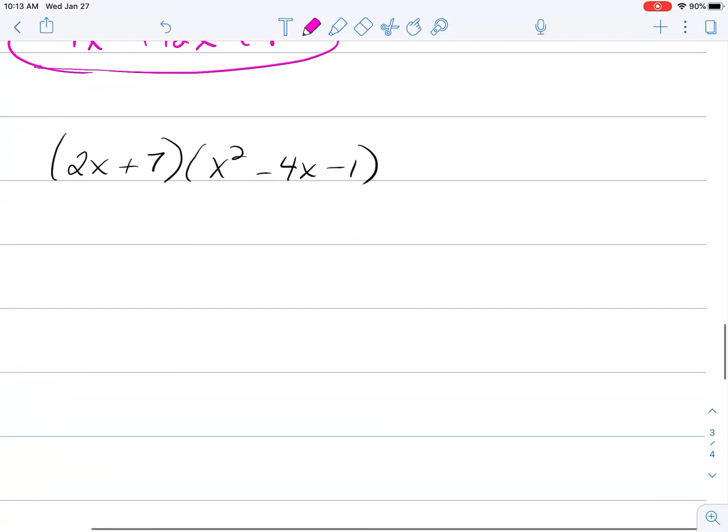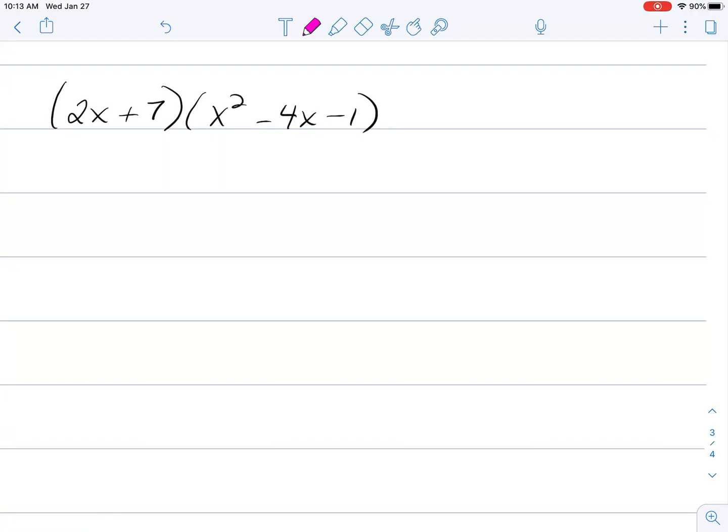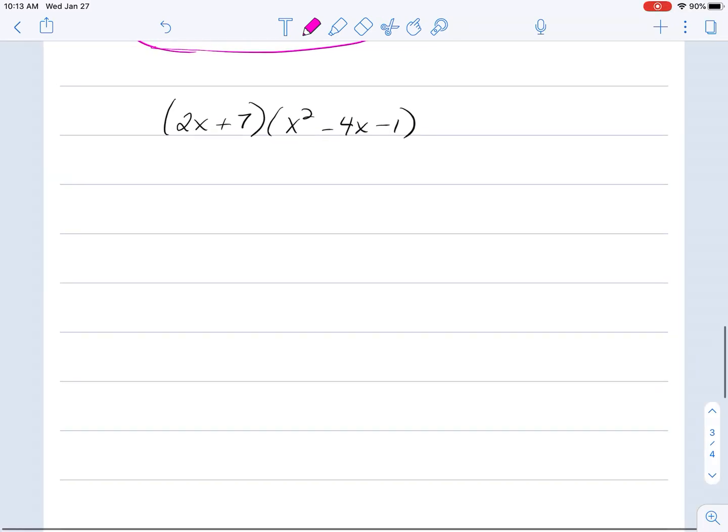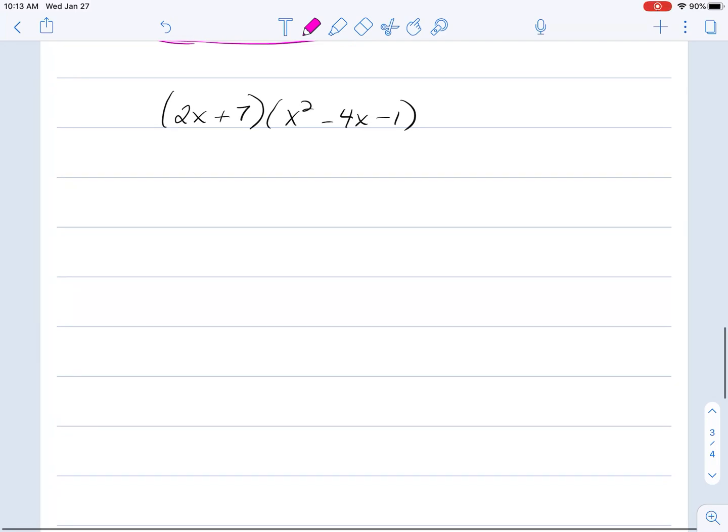Okay, the last part of this would be what if it's not just two binomials, what if it's a little bit bigger? You can still achieve the same thing. You just have a larger amount of distributing, or the box is bigger. So in this case, I'm going to distribute the 2x to all three things.